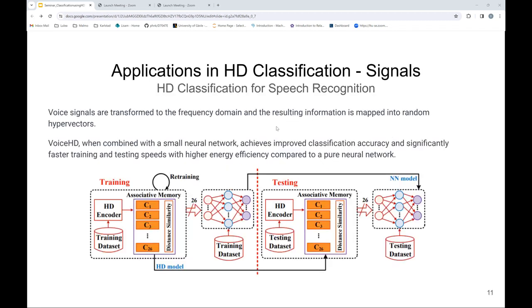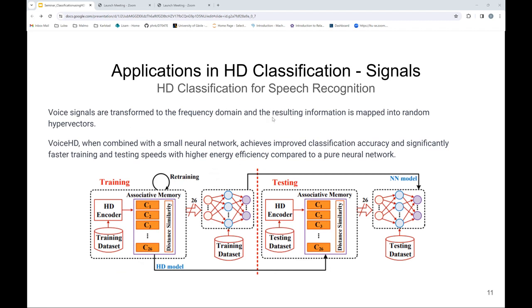Considering signals, we have HD classification methods for speech recognition, where voice signals are transformed to the frequency domain and the resulting information is mapped into random hypervectors.